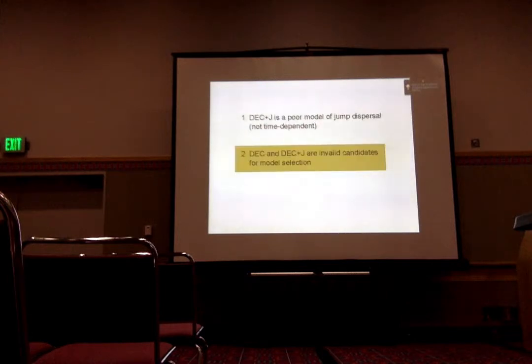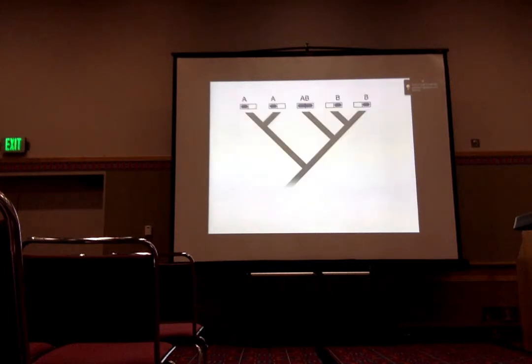Because it's pretty clear to us that, so here are the take-home messages, so you might want this to be exactly this slide: DEC is not a very good model of jump dispersal as an evolutionary process. The one I want to emphasize here is that the likelihoods are not statistically comparable. To do model selection on these models is not actually valid. Okay, so let me explain why.